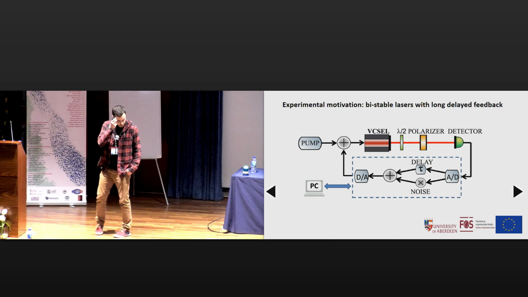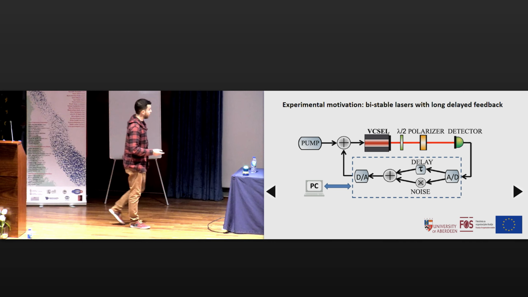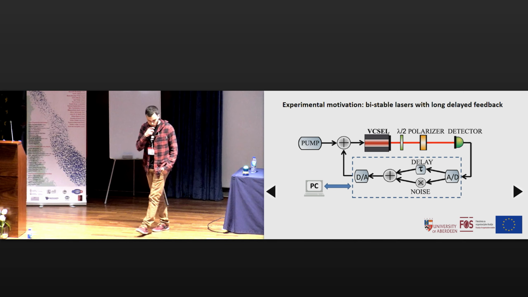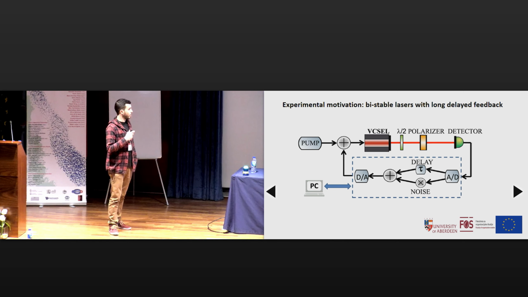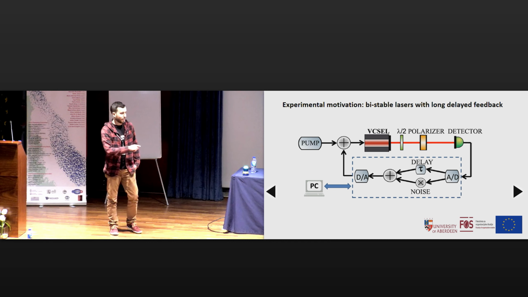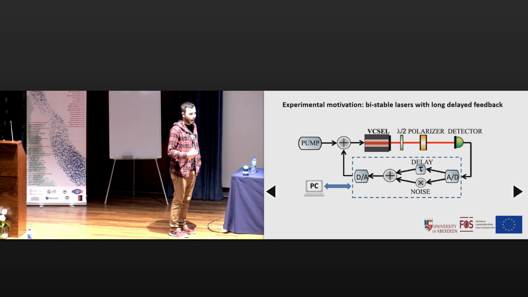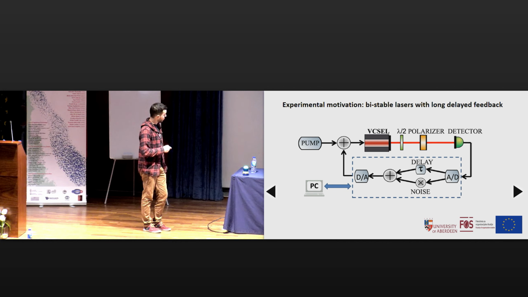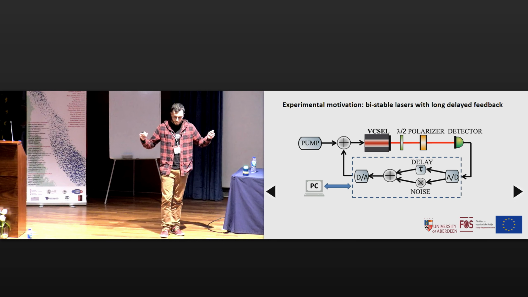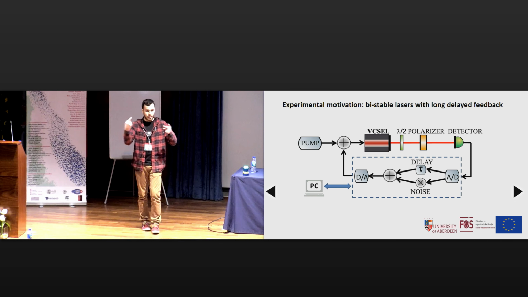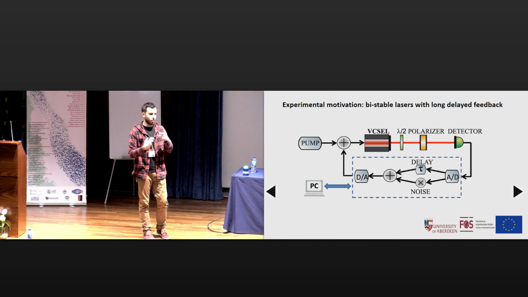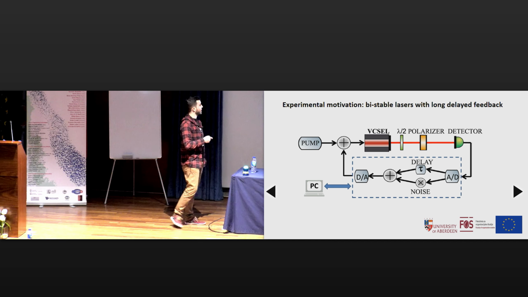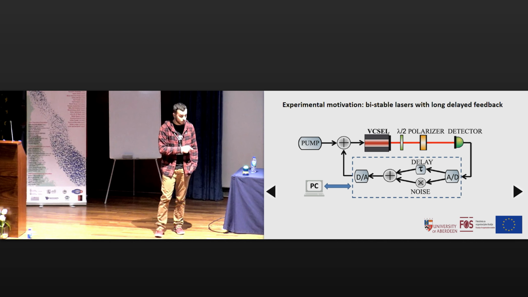From the experimental point of view, this is not only a model but an experiment running in Florence. The concept of the experiment is really easy, although of course I'm doing the theoretical part. The idea is that you have a laser running in a loop, being pumped, passing through a polarizer and a detector.